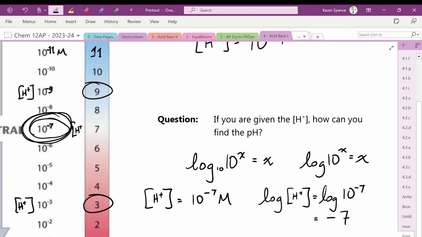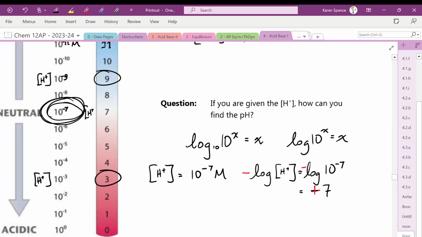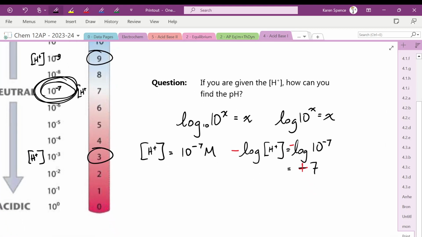I multiply it by negative 1, right? So I'm going to make this negative, and that makes this positive. So our formula then is this, and this is equal to the pH. So pH is equal to the negative of the log of the hydrogen ion concentration. Yes?